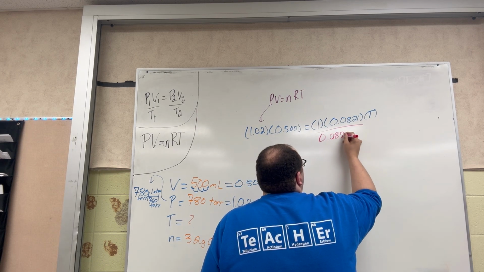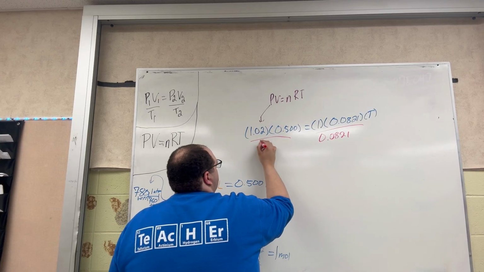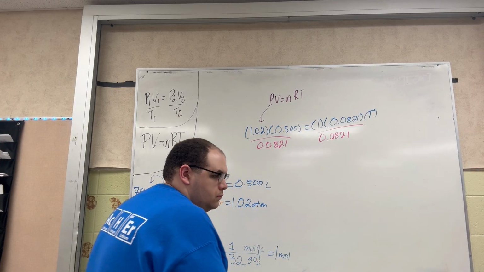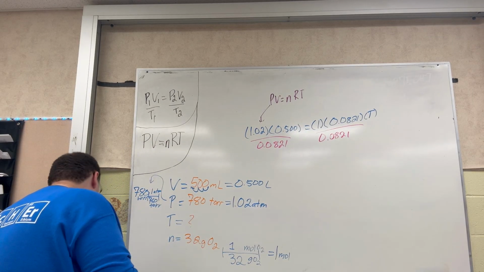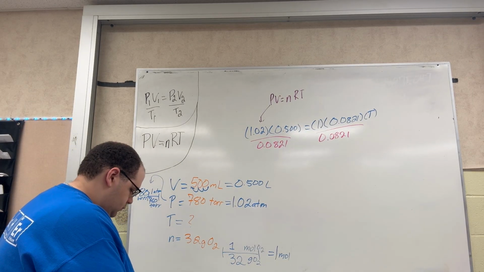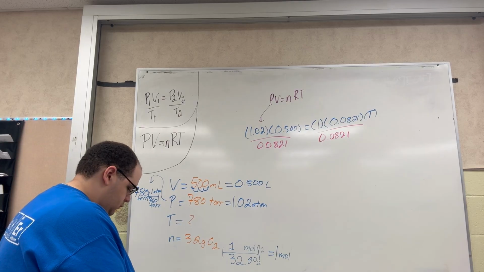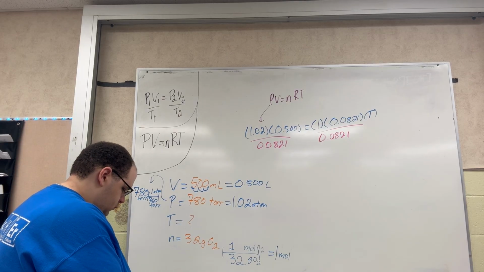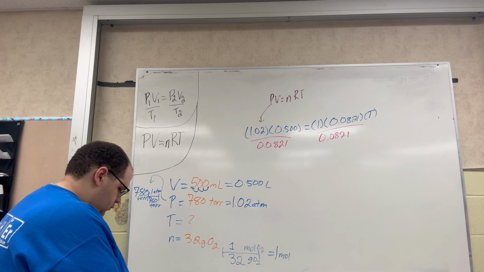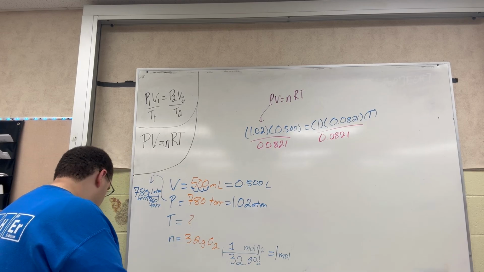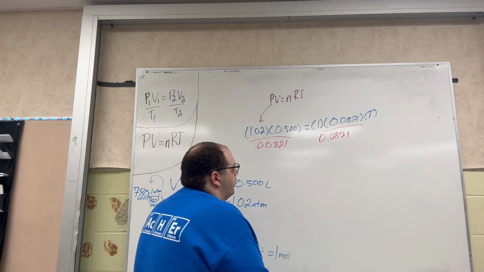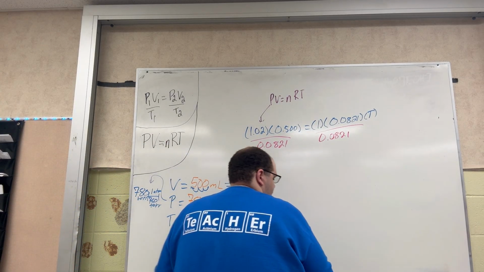Just divide each side by 0.0821. See if you get what I get.